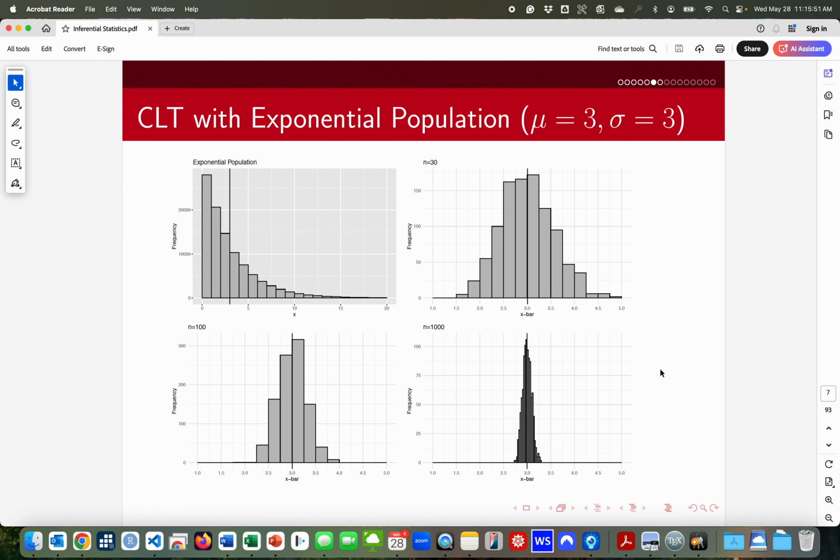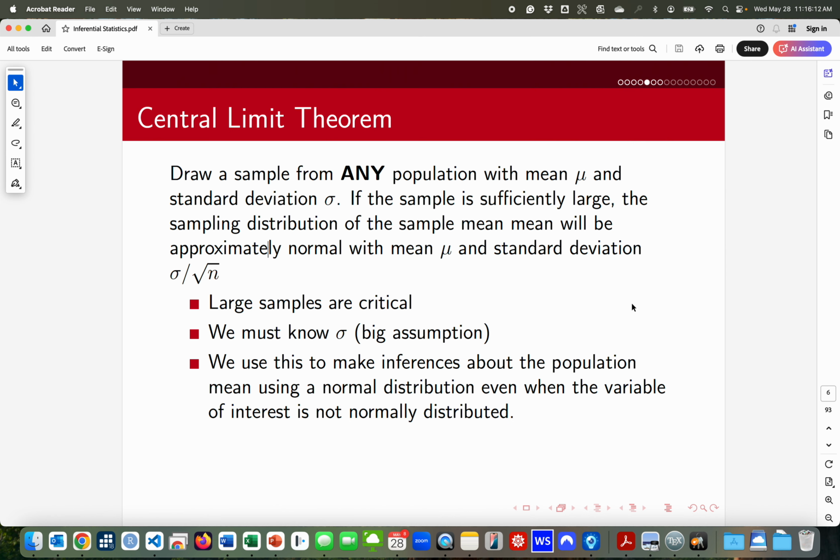So the central limit theorem is a very, very powerful result, and it tells us we can make inference about the population mean using a normal distribution, and our inference will be more and more precise as our sample sizes get larger and larger. So if we want to estimate a population parameter, we need large samples.